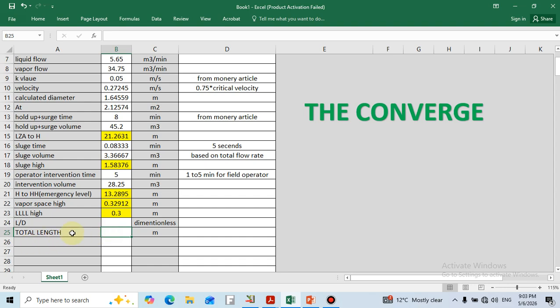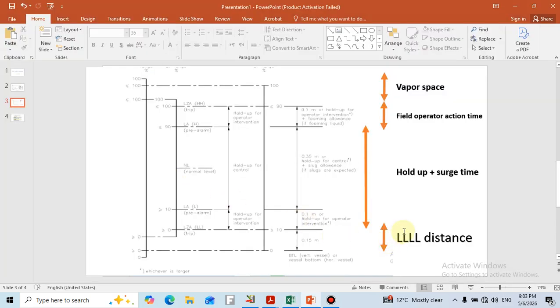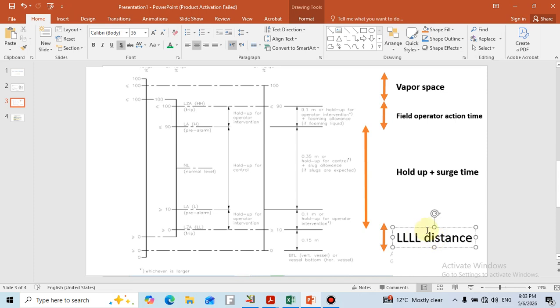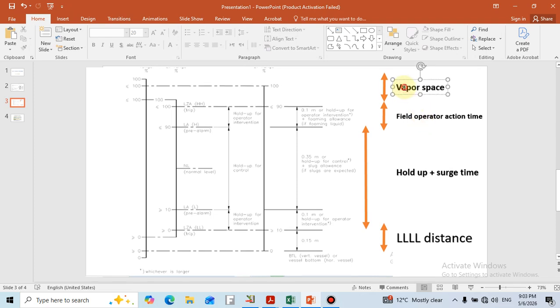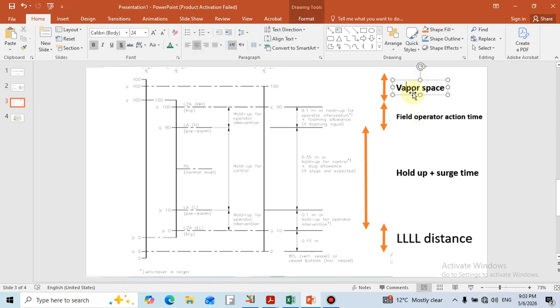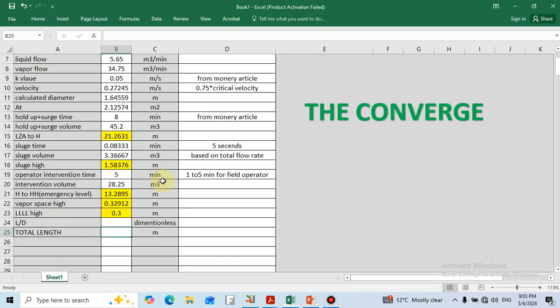The total length is the summation of this value, which is low liquid level, hold up and surge time level, field operator action time, that is 5 minutes. We consider 5 minutes according to Shell design practices, and 20% of the inner vertical vessel diameter, which is highly recommended.